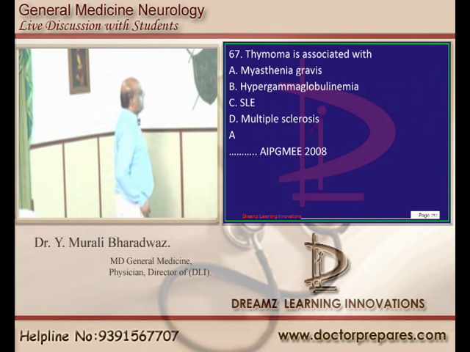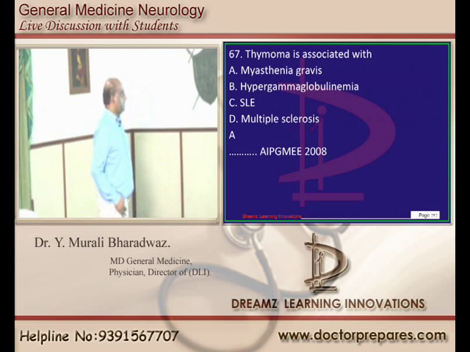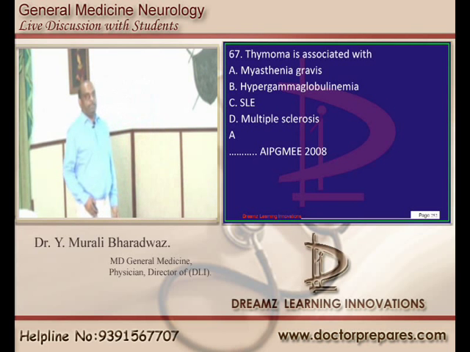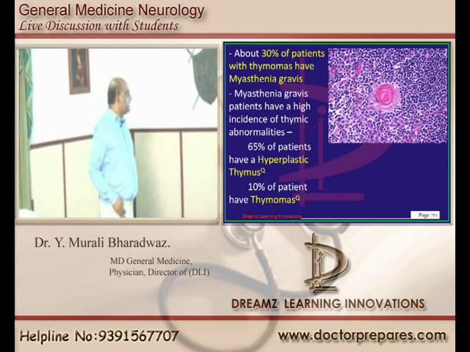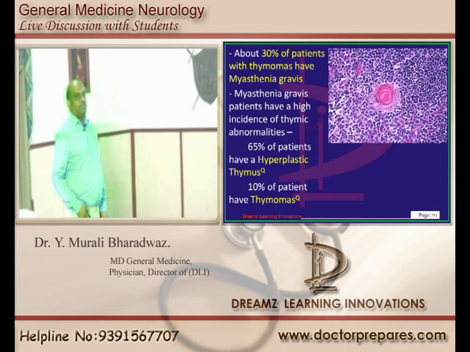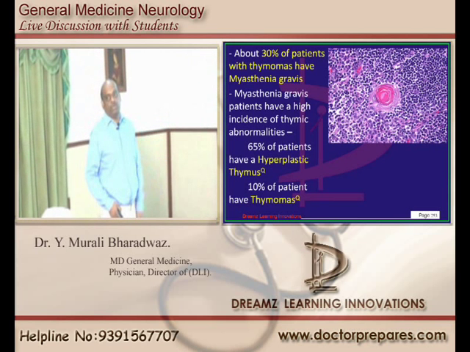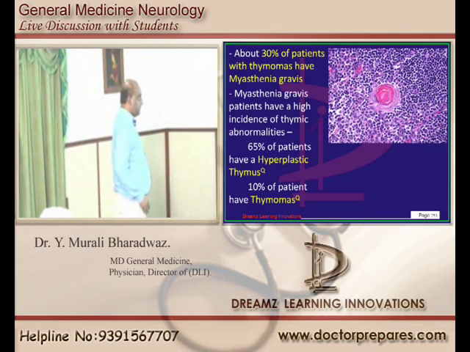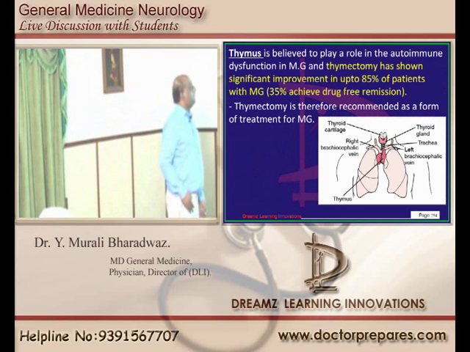Where do you see thymoma? 2008 All India question, Myasthenia gravis. 30% of patients with thymoma have myasthenia, and 75% of the patients with myasthenia already show some thymic abnormality. That is what we need to basically appreciate.